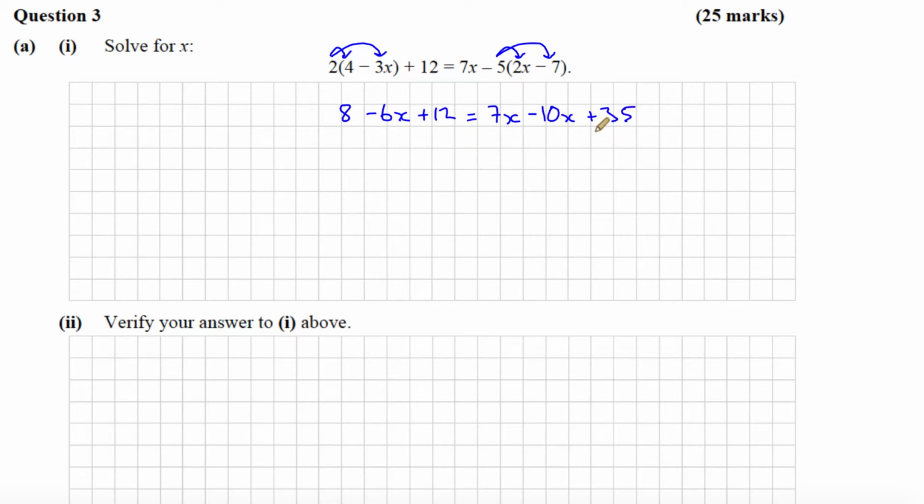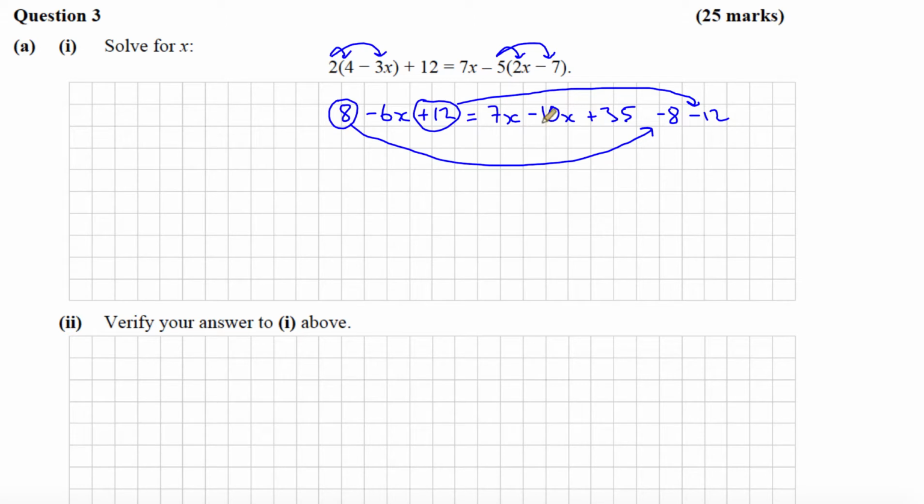Okay, so now what can we do? We can bring all the x's to one side and all the numbers to one side. So what I'm going to do is bring the 8 over here, negative 8, the 12 over there to be negative 12.